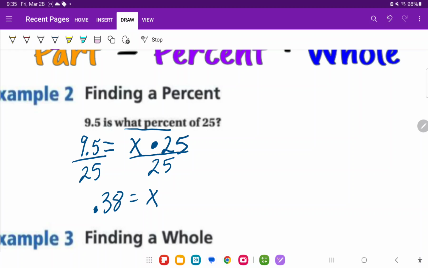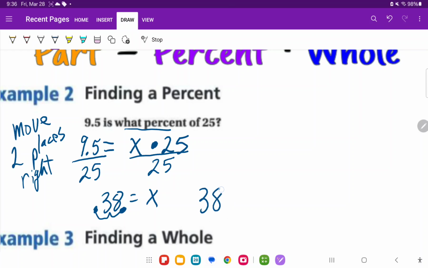Just like we did earlier, we move the decimal 2 places, but this time we're going to move it right. So 1, 2, right there. So 38% is the final answer. So you set up your equation, do the math, and then move the decimal 2 places if it's a percent.